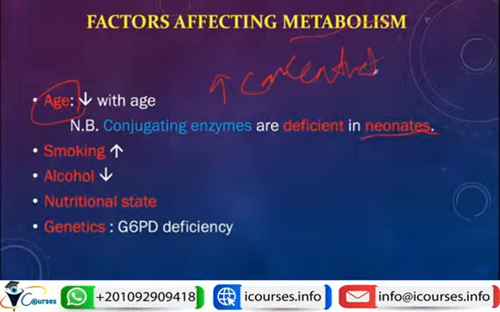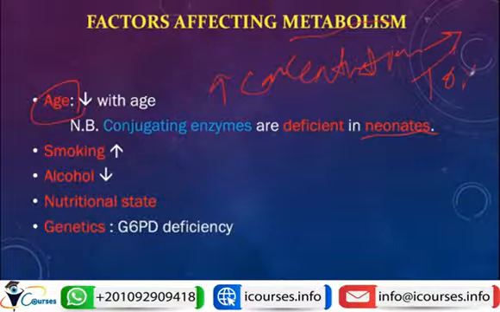This is very important because it can cause toxicity, and that is why we need to adjust the dose in neonates. If neonates are given a drug, we need to decrease the dose because they are still not able to metabolize these drugs due to the deficiency in conjugating enzymes.